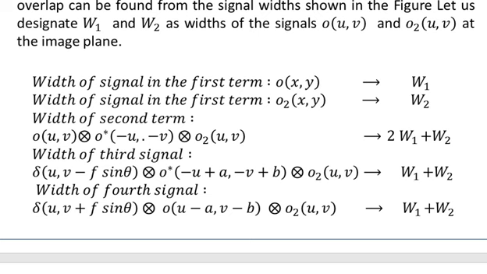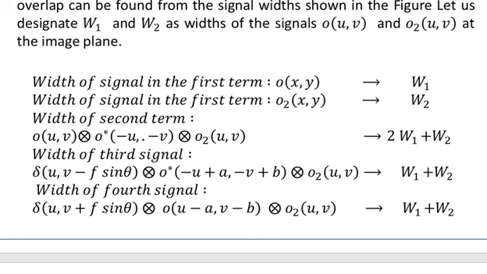Now look at the width of the third term. The third term contains delta convolved with O star, and then convolved with O2. Delta will not change the width, so the width remains the same.